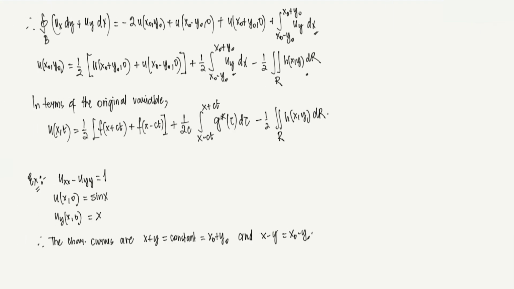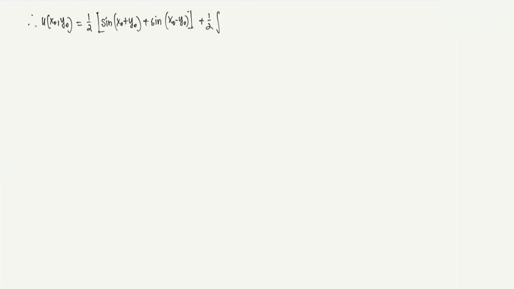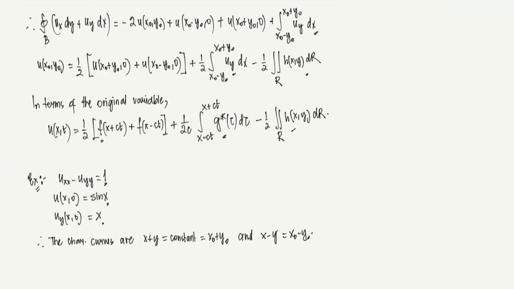In this formula, f is sine here, so I'm putting that in, and g star in this case is x, and h we already have, which is 1. So we put that here: the integral from x naught minus y naught to x naught plus y naught of tau d tau, minus half the integral over this r region, the integral over this region.